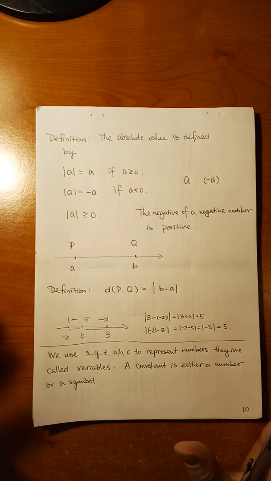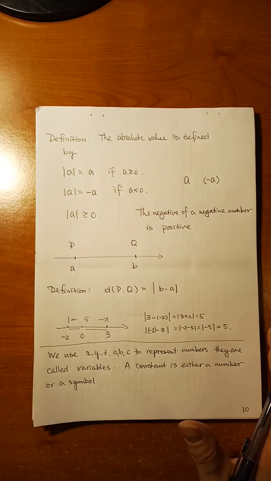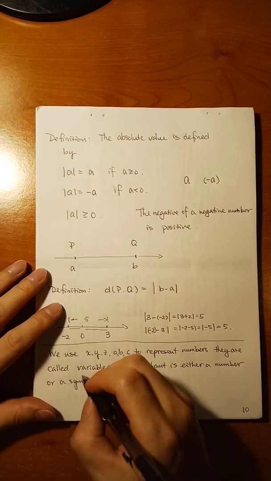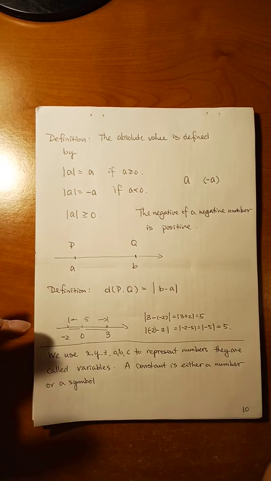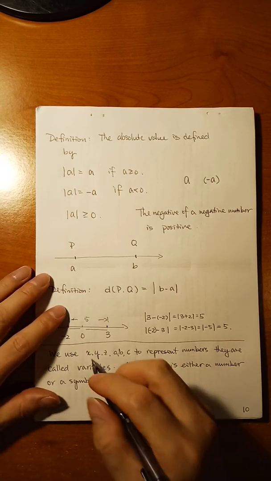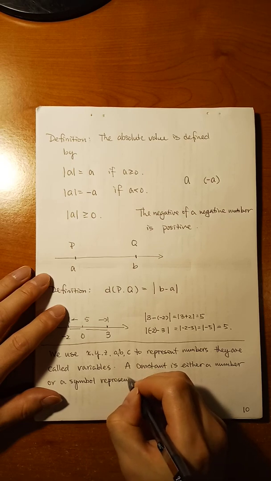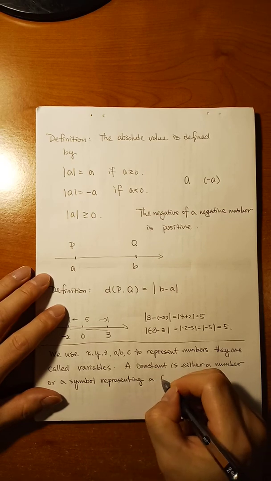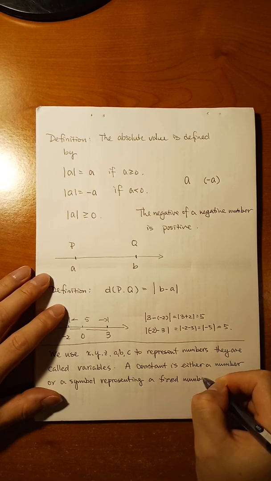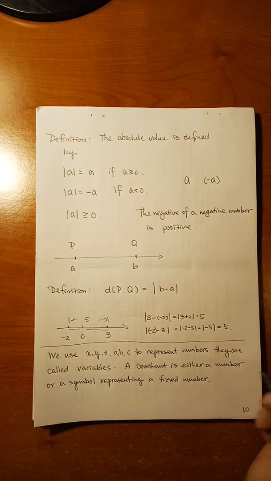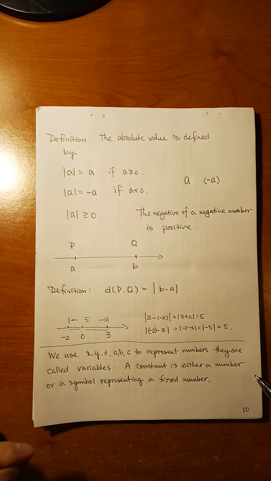Pi is a letter, a Greek letter, but pi represents some specific fixed number. So a constant is either a number, like 3, 5, square root of 2, or a symbol representing a fixed number.